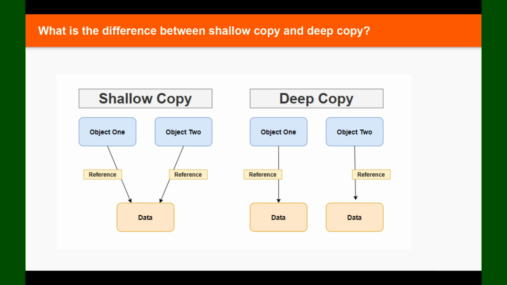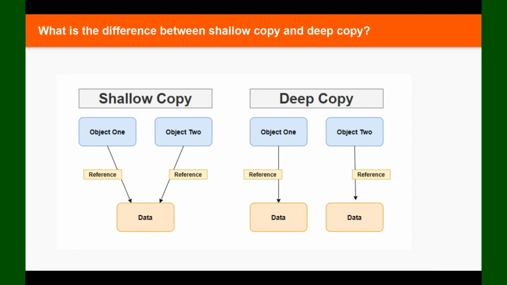What is the difference between shallow copy and deep copy? If you are using a shallow copy, it copies the outer object, but it only holds references to the nested objects.